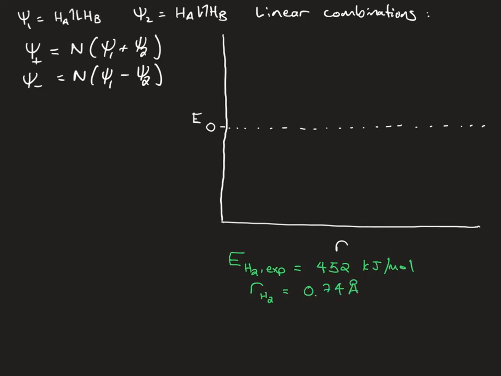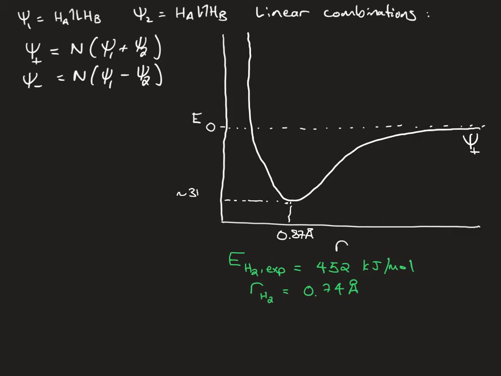Going through and plotting psi plus for H2, we get a curve that looks like this, where that distance is 0.87 angstroms, and the dissociation energy that we obtain is approximately 310 kilojoules per mole.